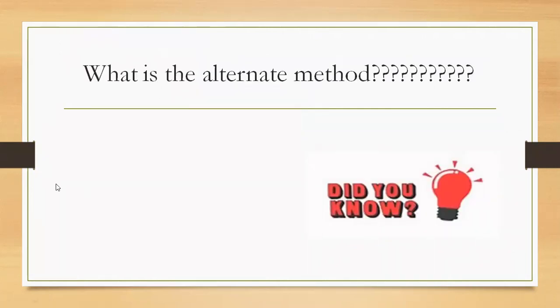Now, what is the alternate method? See, the alternate method is simple. What you have to do is add the possible isomers starting from methane to the nonane. That will be the number of isomers possible for decane.